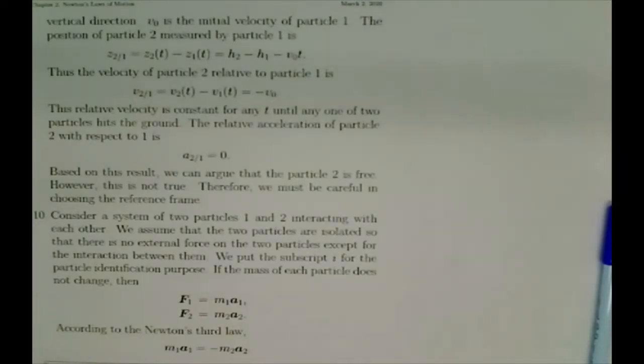So choosing the rest frame of particle 1, even though it is accelerating with respect to an observer on the ground, to particle 1, particle 2 is moving with constant velocity, which means that there is no force at all. That means if we choose an accelerating reference frame, Newton's law is not described in such a way that F equals ma.